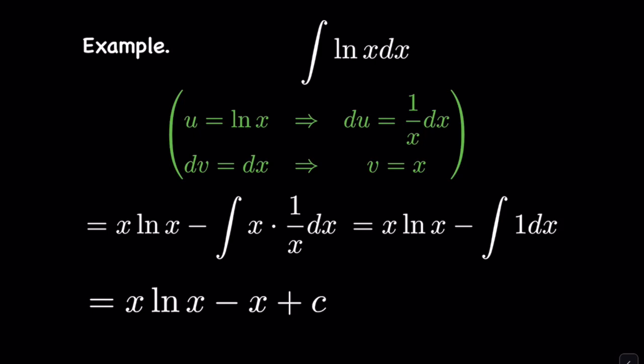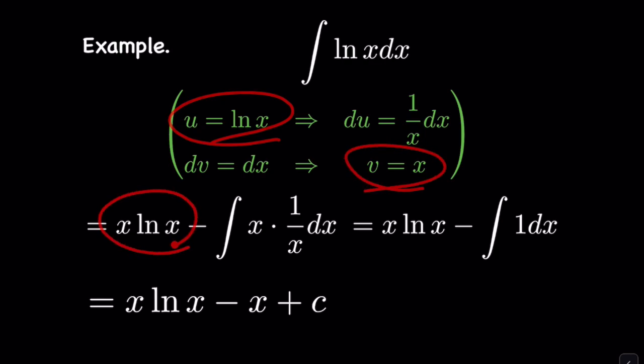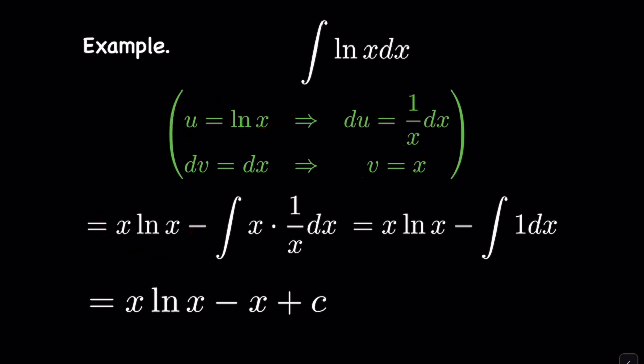Now you can use integration by parts. This integral is going to be equal to u times v, which is x natural log of x, minus v times du. So it's minus, this is v, that's du.